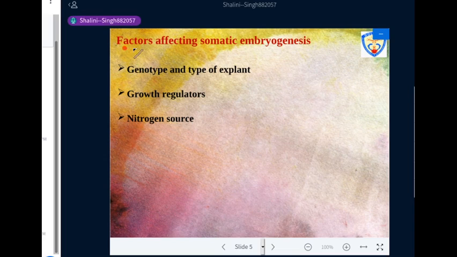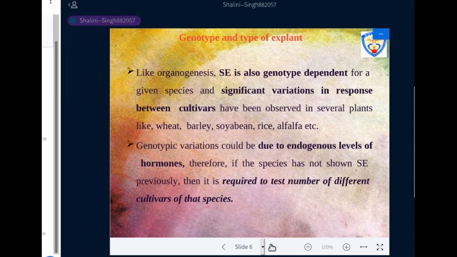What are the factors which affect the success of somatic embryogenesis? These are the genotype and type of explant, growth regulators, and nitrogen source. Genotype and type of explant is the first factor affecting the success of somatic embryogenesis. Somatic embryogenesis is also genotype dependent.